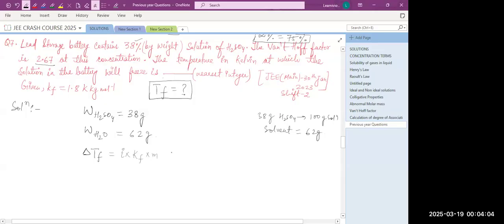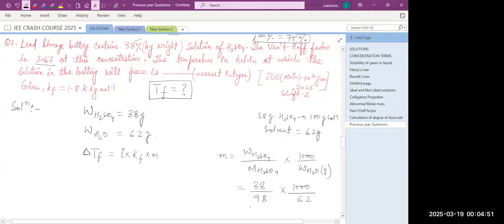Now delta TF is equal to i Kf into molality. First find the molality. It will be the weight of sulfuric acid divided by the molar mass of sulfuric acid, into 1000, upon the weight of water in gram. Now substitute the values. The weight of sulfuric acid is 38, divided by the molar mass of sulfuric acid, which is 98 (2 plus 32 plus 64), into 1000 upon the weight of water, which is 62 grams.